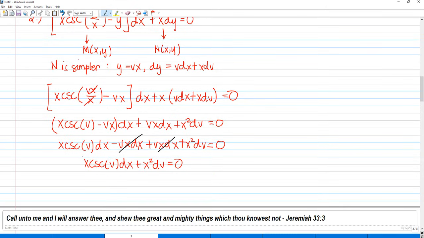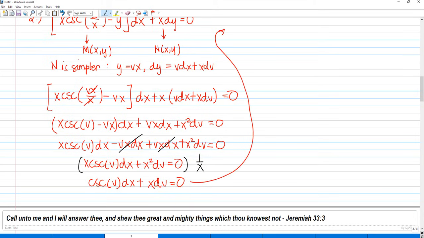As you can also see, we can multiply this by 1 over x because it has a common x here and x here, so that our equation would be simplified. So I have cosecant v dx plus x squared over x, which is x, dv equals 0. Now we have reduced the equation into variable separable.